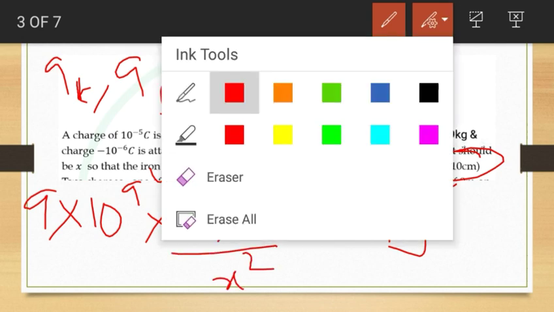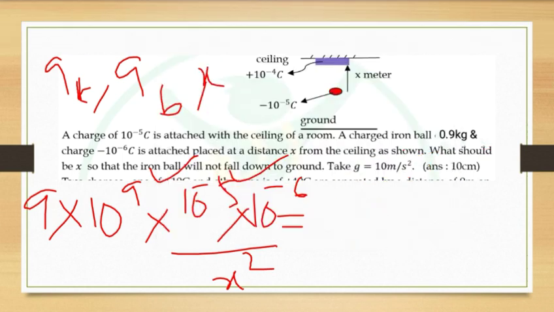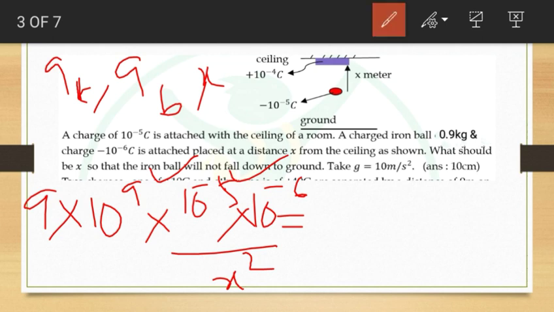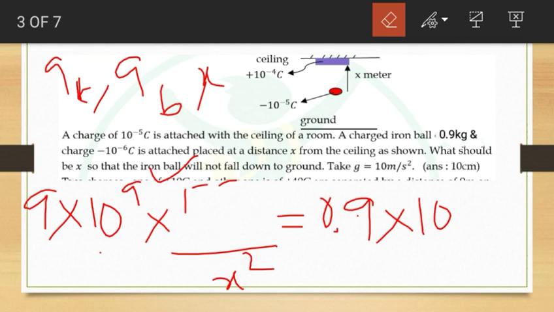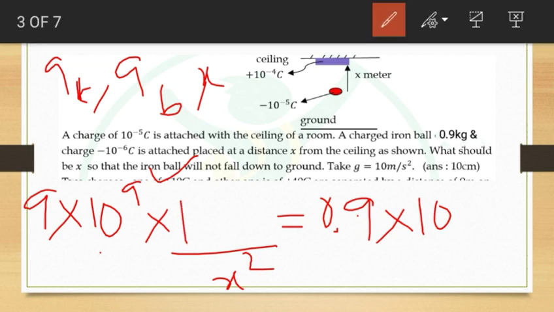Here m shall be replaced by 0.9, and g is 10, as already given. Now 10 to the power 9, 10 to the power minus 5 and 10 to the power minus 6, so it will be 10 to the power minus 5 minus 6, that is 10 to the power minus 11.